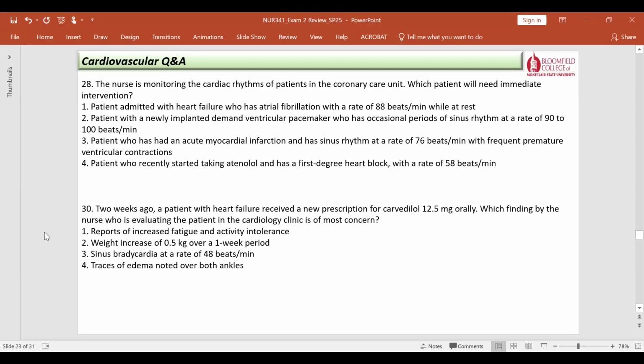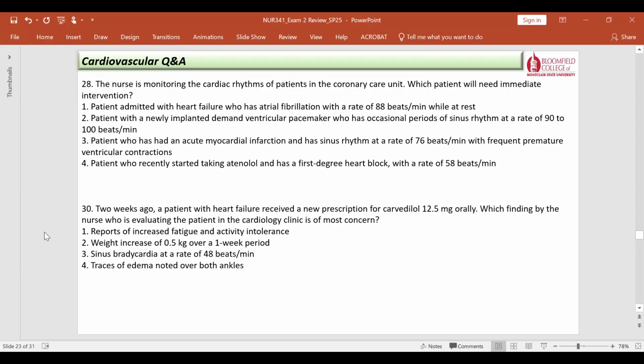Which one is more of a concern to you among these four patients, when one of them has multiple, frequent PVCs? Is it 3?